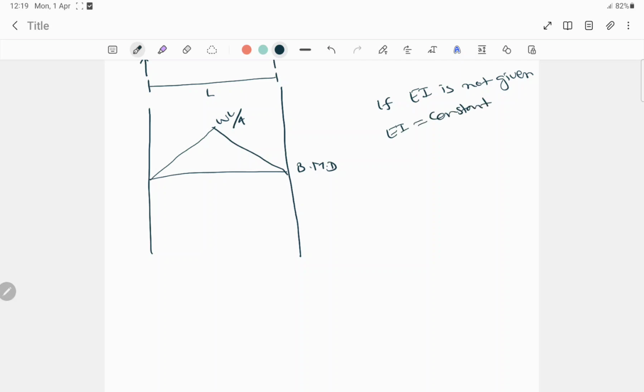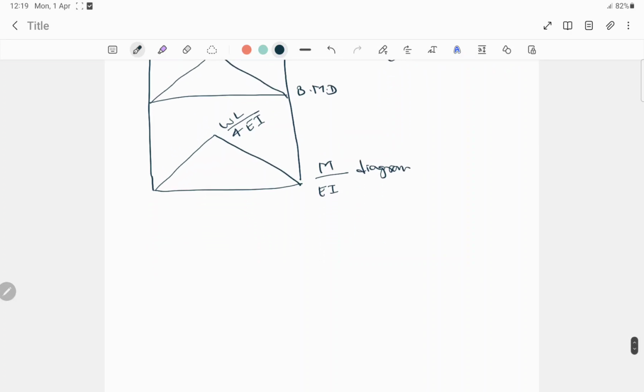Now we draw the M by EI diagram. It will be the same as the bending moment diagram, where WL by 4 is divided by EI. The last step is to draw the elastic curve.